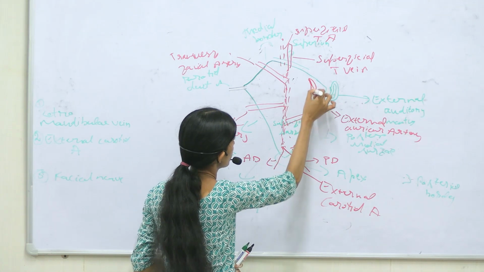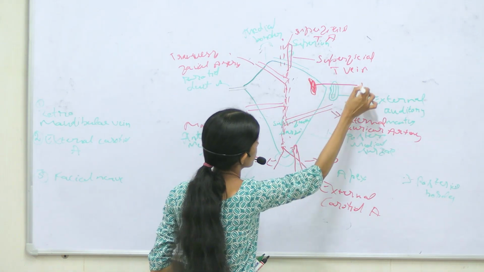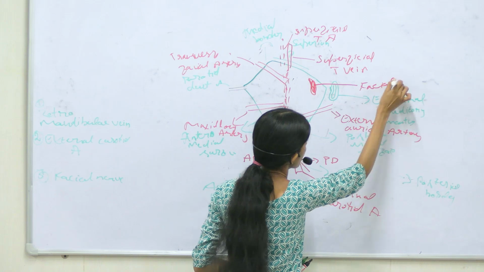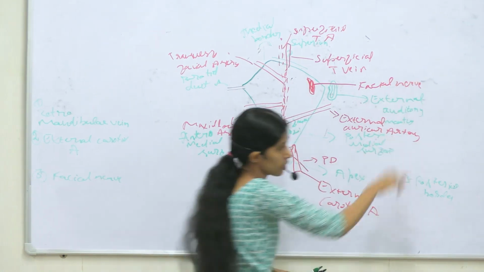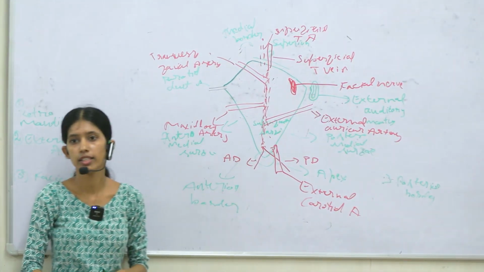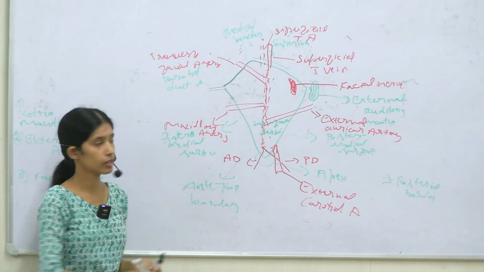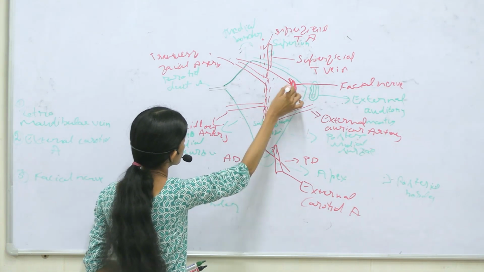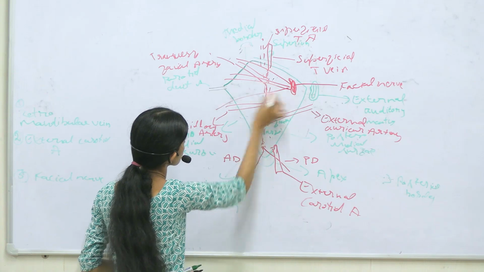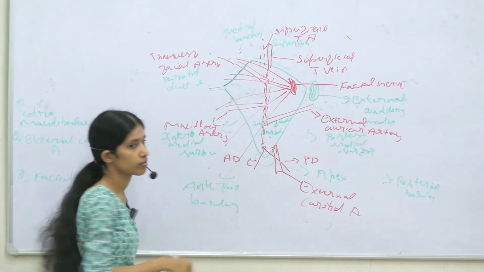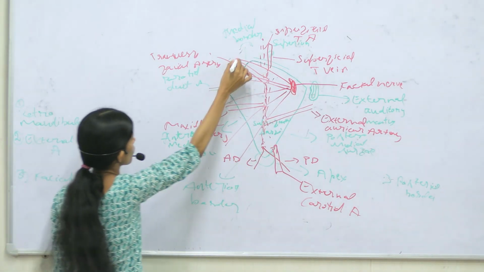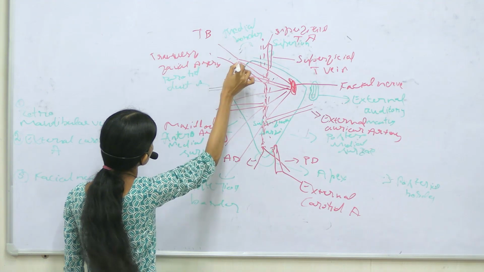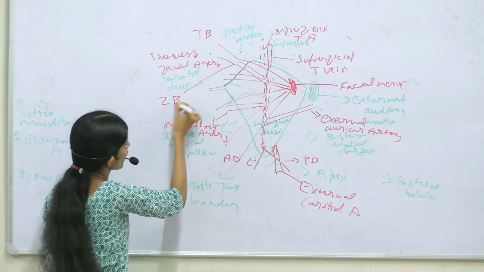Here we have the facial nerve. What are the branches of facial nerve? How many branches are there? Five. What are those? The very first one is temporal branch. The second one is zygomatic branch.